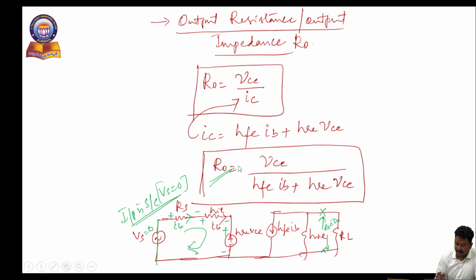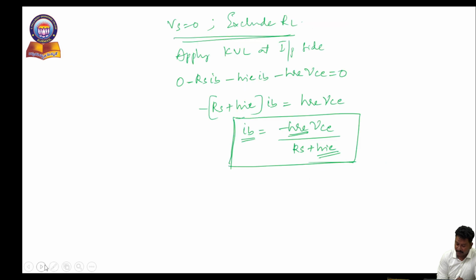Previously we already defined R naught; consider it as equation 1. Substituting the I_B value just defined into this equation, I write once again the R naught value.